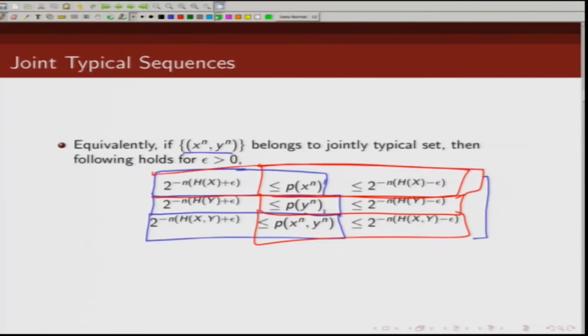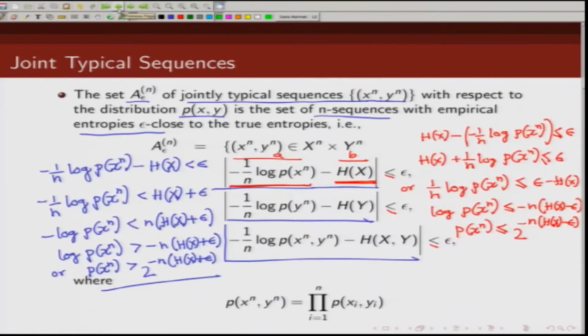So we just now showed that P of x^n is less than or equal to this. Similarly, we can show that P of y^n is less than or equal to this, and the joint probability of x and y is less than or equal to this. So these will follow from this condition and this condition.